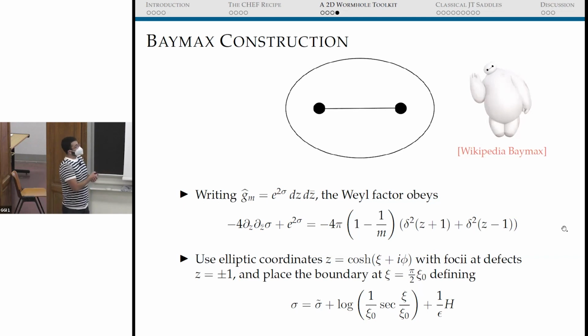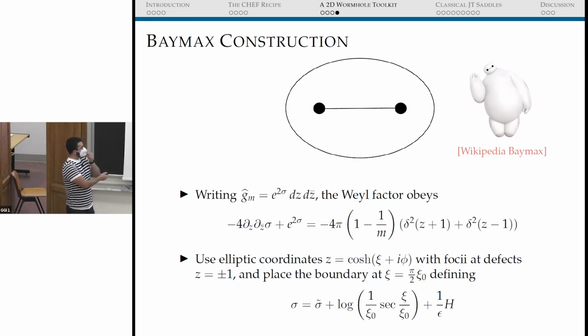The Weyl factor in a geometry with 2 conical defects and constant negative curvature obeys this equation. This is just like a Liouville equation where curvature is constant, and these 2 delta functions incorporate the defects of strength given by m. I've chosen here to fix the defects at z equals plus and minus 1. We are in the complex plane.